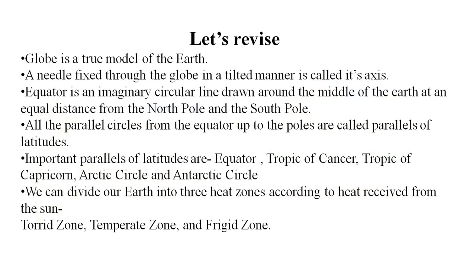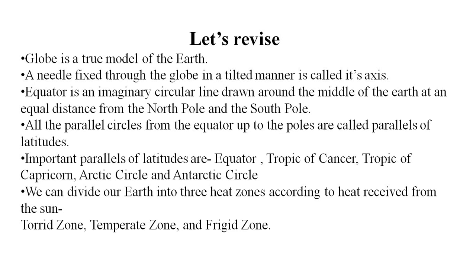Now let's revise what we have learned. A globe is a true model of the Earth. A needle fixed to the globe in a tilted manner is called its axis. Equator is an imaginary circular line drawn around the middle of the Earth at an equal distance from the North Pole and the South Pole. All the parallel circles from the equator up to the poles are called parallels of latitudes.